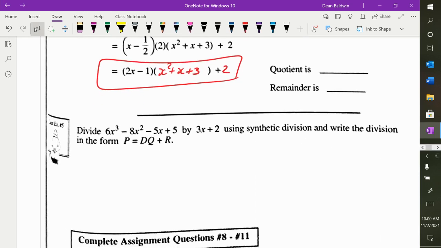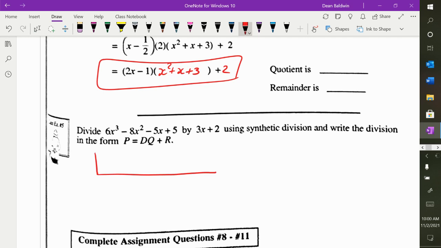All right, here's our last question. We're dividing 6x cubed minus 8x squared minus 5x plus 5 by 3x plus 2. Do I have to add in any zeros? No. Okay.